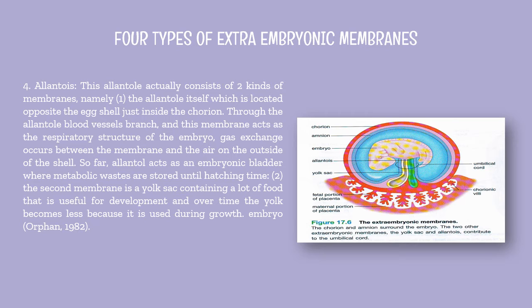Also, the allantois acts as an embryonic bladder, where metabolic wastes are stored until hatching time. The second membrane is the yolk sac, containing a lot of food that is useful for development, and over time the yolk becomes less because it is used during embryo growth.